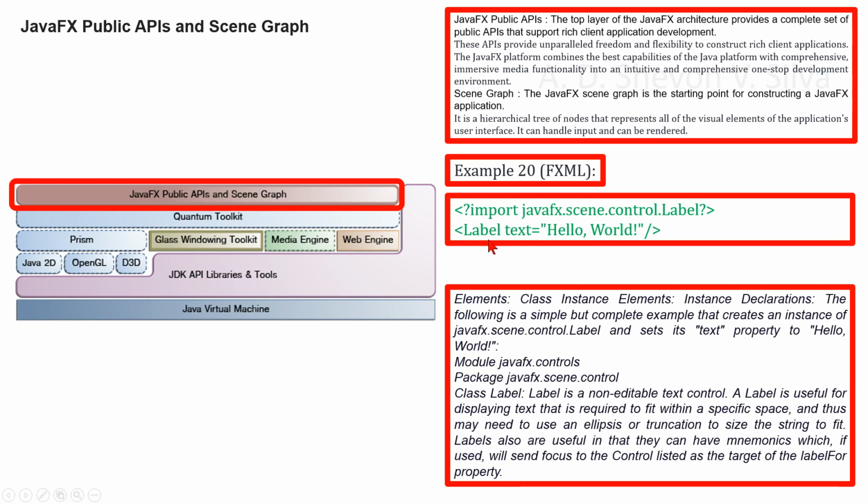Importing a class is done using an import processing instruction, PI. For example, the following PI imports the javafx.scene.control package, and the following PI imports the javafx.scene.control.Label class into the current FXML document's namespace.